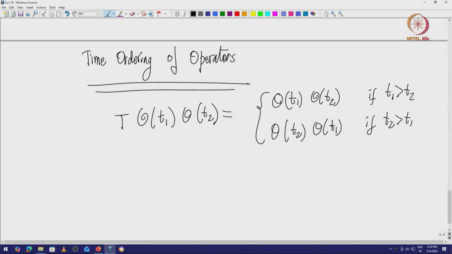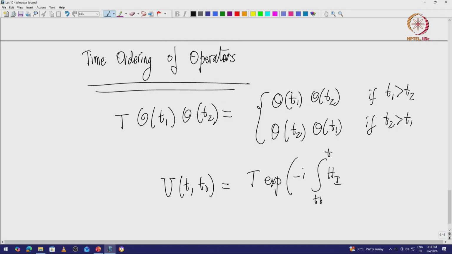Okay, so the U is now defined as the time ordered product of the exponential of minus i integral from T0 to T of H_I(t') dt'.